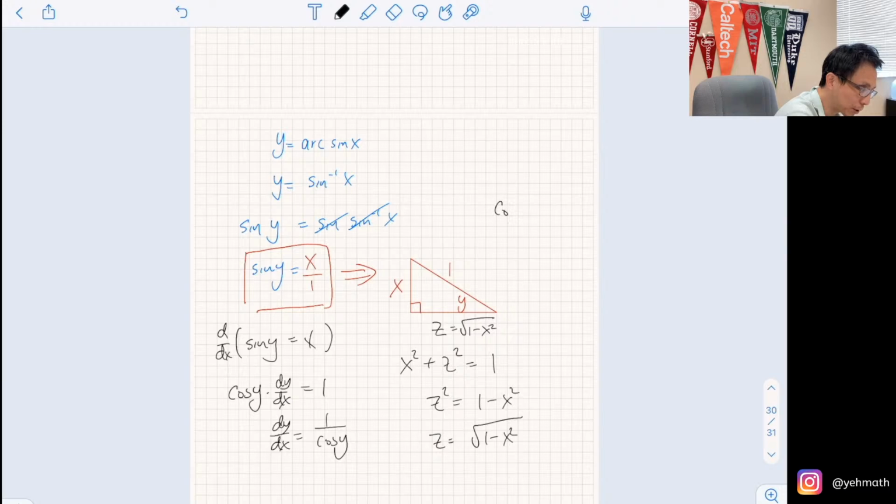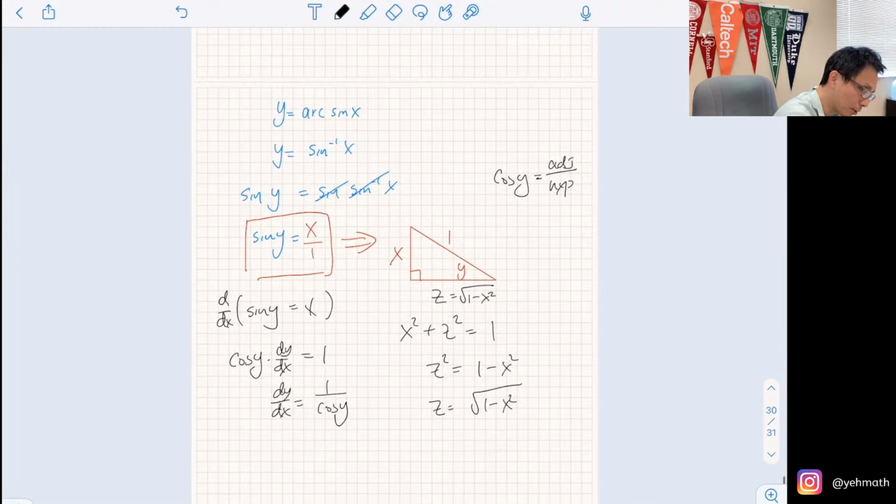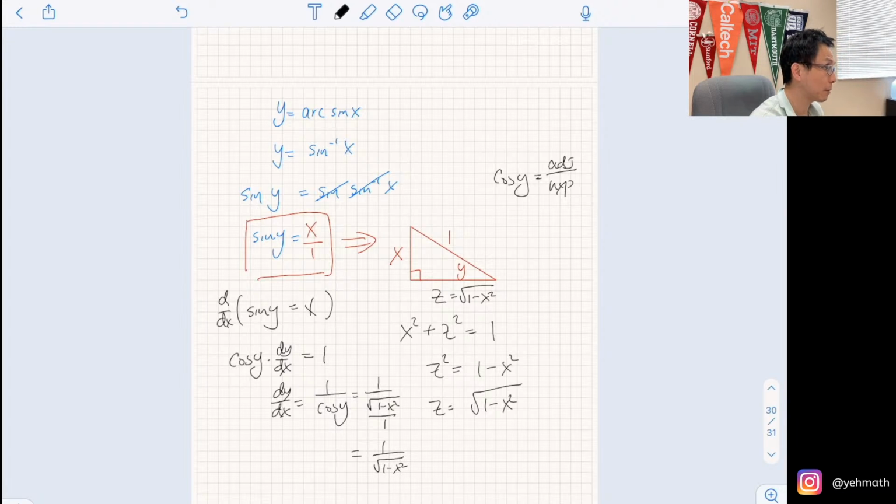But again, what is cosine of y? Cosine of y is adjacent over hypotenuse. So that's going to be 1 over the square root of 1 minus x squared over 1. So the answer is 1 over the square root of 1 minus x squared. So that is the actual proof of where it comes into play.